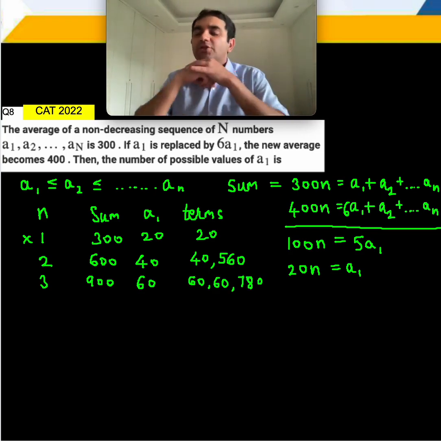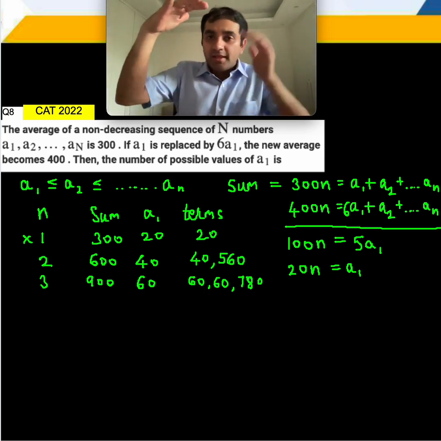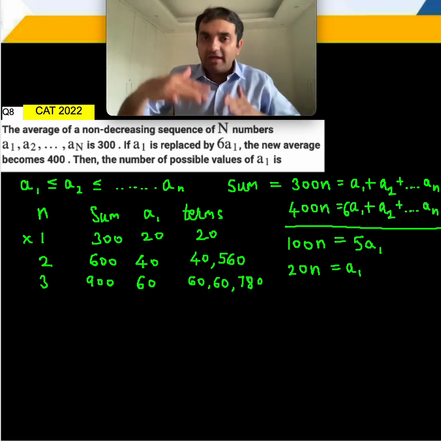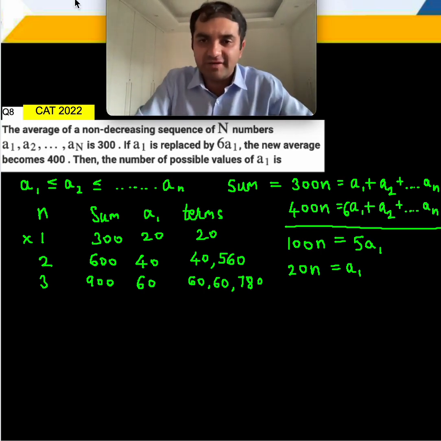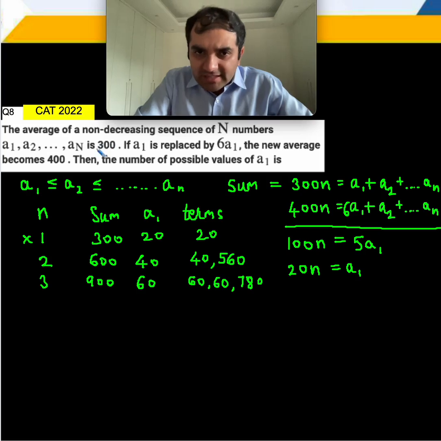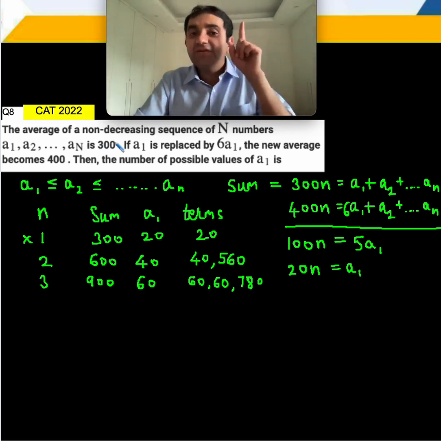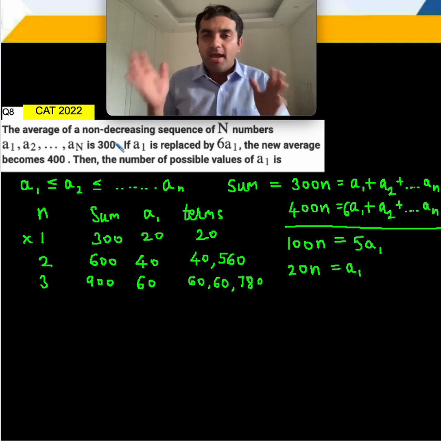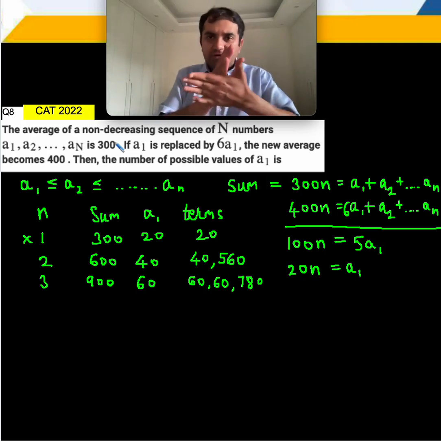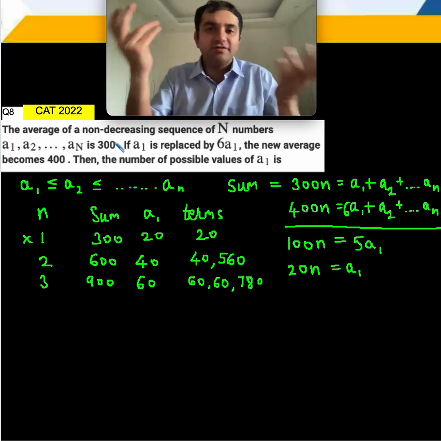Okay, so doing this we are realizing that the further values of n can be anything, 2, 3, 4, 5, 6, 7, right? But we realize that the average of the terms is 300. If the average is 300, then the first term cannot be more than 300. If your average is 300 and your first term becomes more than 300, then your average becomes less than the first term, and that is not possible.